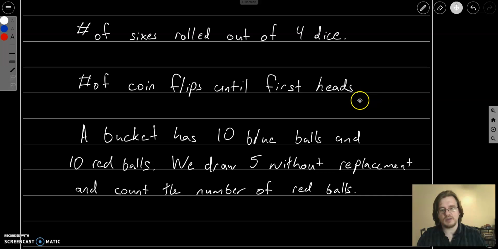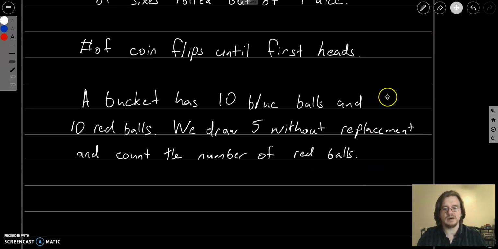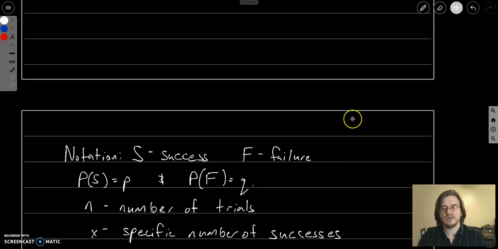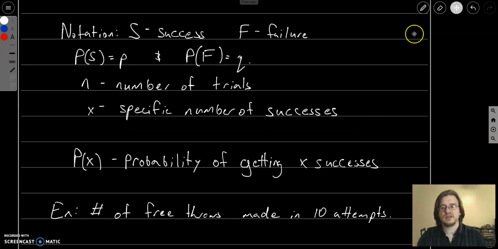So there's a couple of different ways that we can have distributions. These are perfectly valid distributions, they're just not binomial distributions. Some notation, we'll normally use a capital S for success and a capital F for failure.